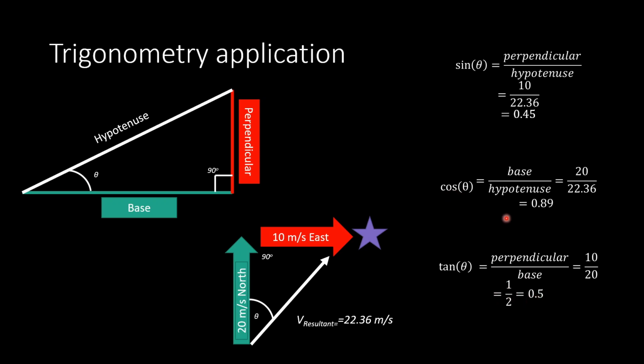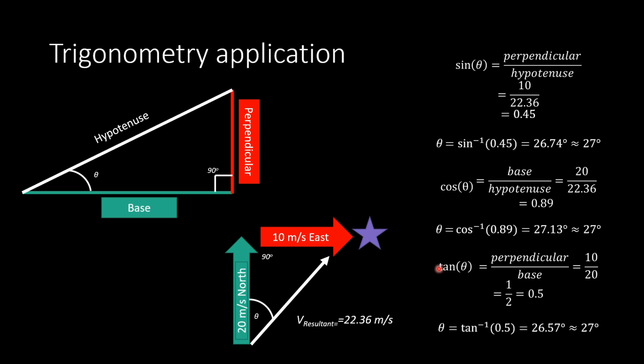Right? And then if you were to calculate it using sine inverse or cos inverse or tan inverse, what you would end up with is nearly 27 degrees. I've rounded these off to 27 degrees because there are round off errors, and the round off errors you're getting are because I've rounded off all of these divisions to 2 decimal points.